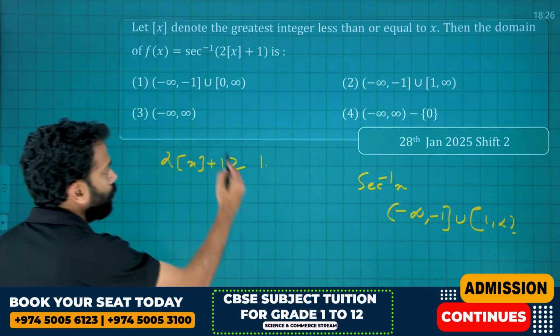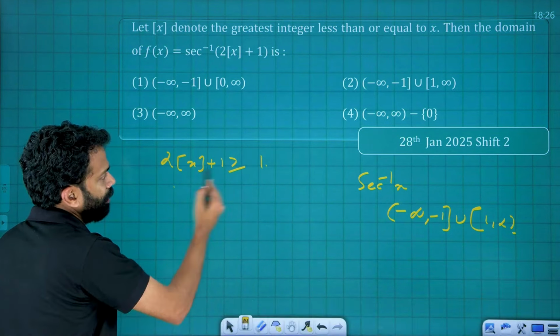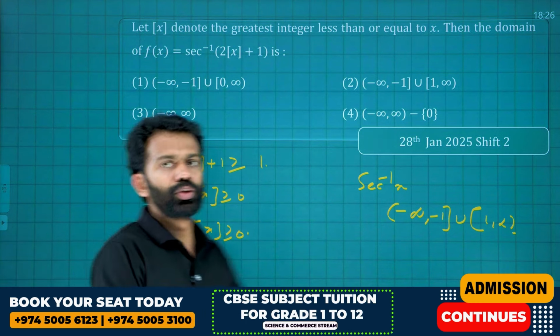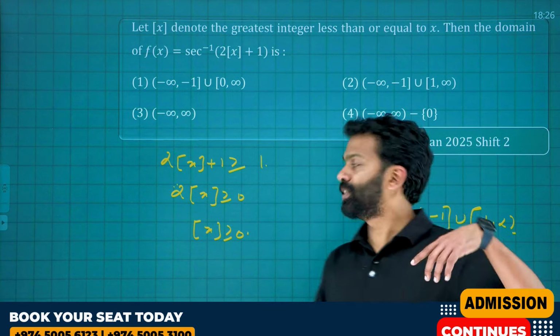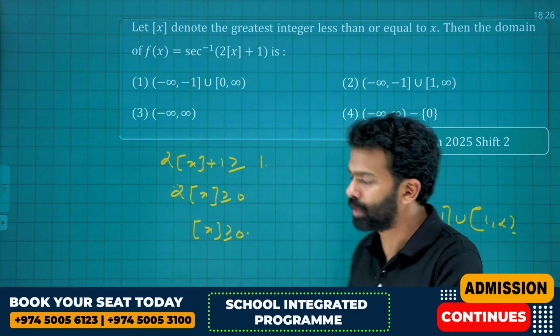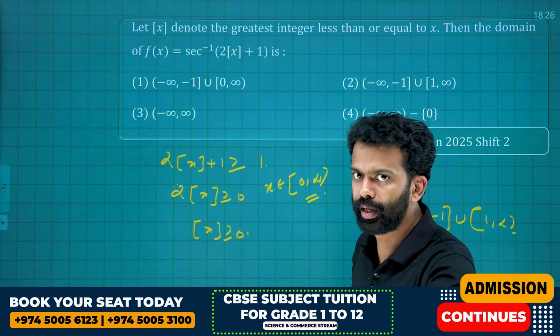The 1 got cancelled. That is 2 times box x greater than or equal to 0, that is box x greater than or equal to 0. So which values can x take so that box x is greater than or equal to 0? Closed interval 0 to infinity. You know that x is an element of closed interval 0 to infinity. Okay, this is done. Next one.